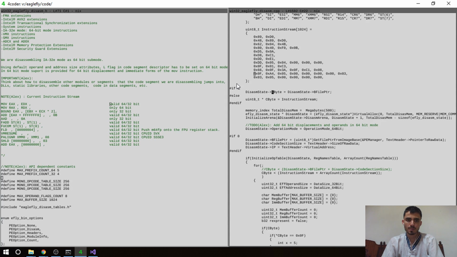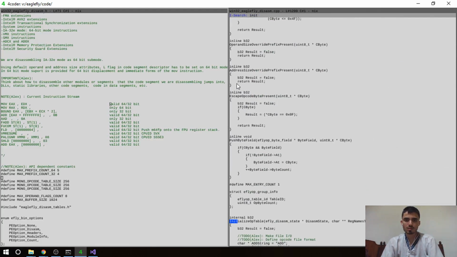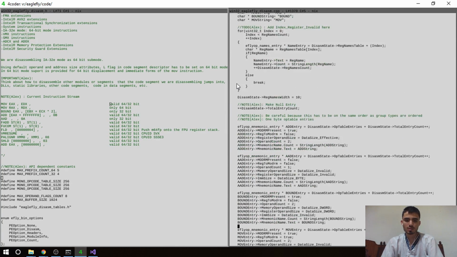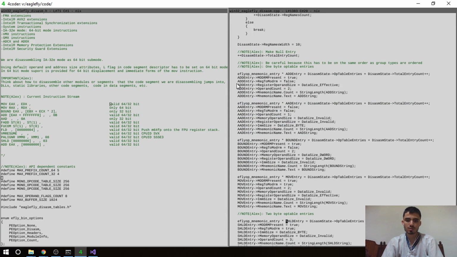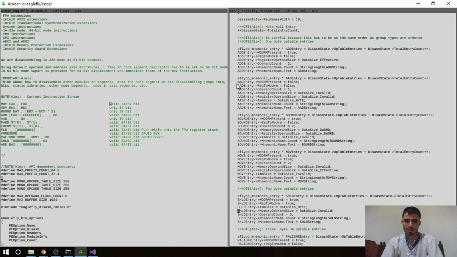And go to init up table with the shift, and we gotta say register operand size is gonna be, I don't remember, it was EAX.